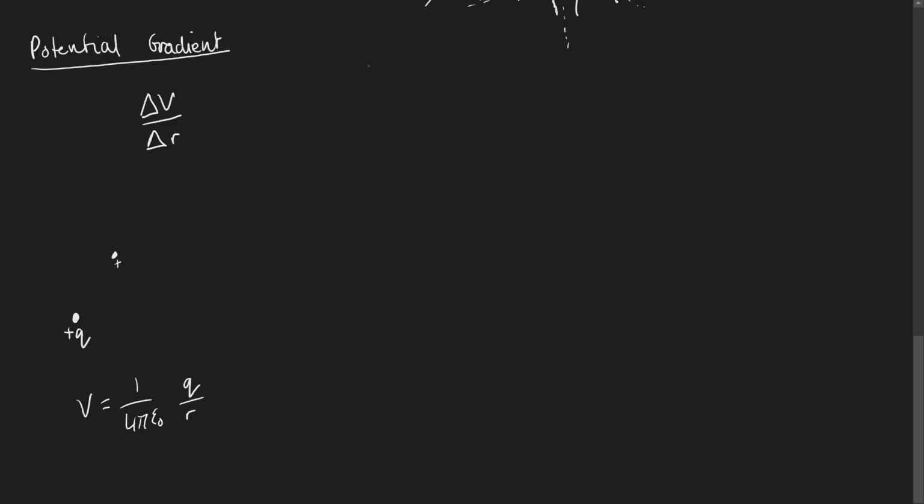Okay, so I'm going to end up with a potential graph that looks something like this, where I have V on the y-axis and the distance on the x-axis. Now this is still V proportional to 1 over r, so this is still an inverse proportionality, so we're still going to see something that looks a little bit like this.